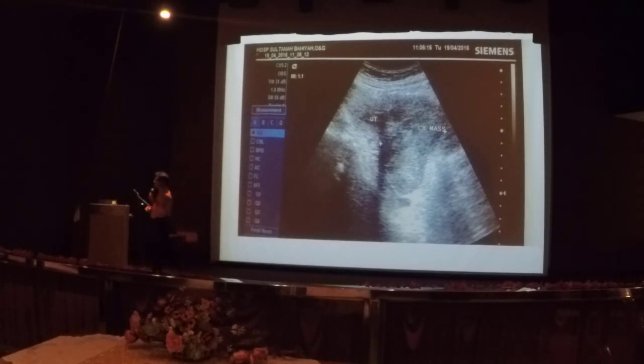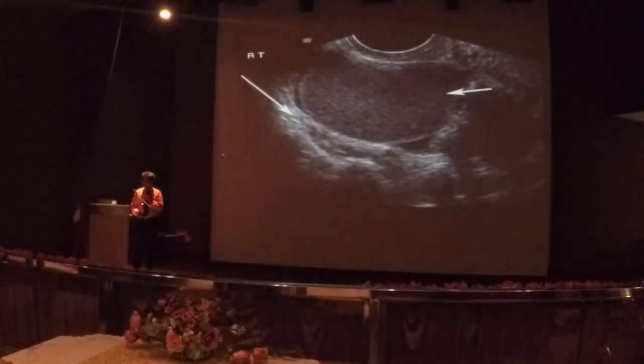That is another example, of a mass not of gynecological origin. It is from the rectum and can extend towards the gynae organs. That is why history is of prime importance to the physician.